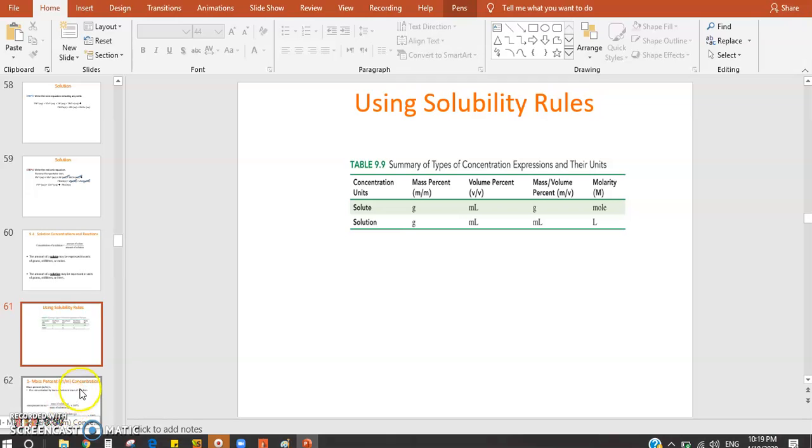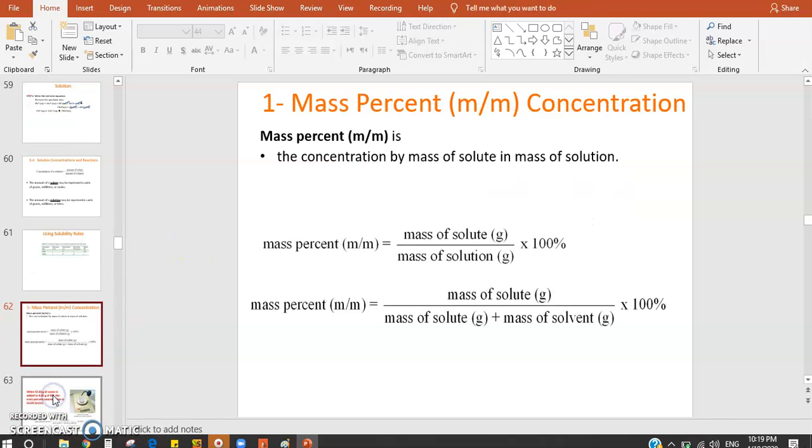So these are the formulas that we will get in the problems, and they will ask you to determine the mass percent, the volume percent, the mass volume percent, or the molarity of a given solution. So the first one is mass to mass.